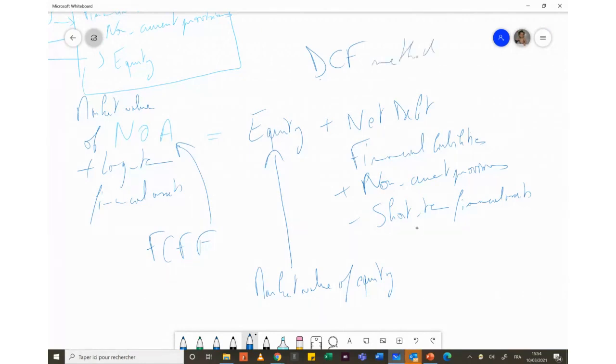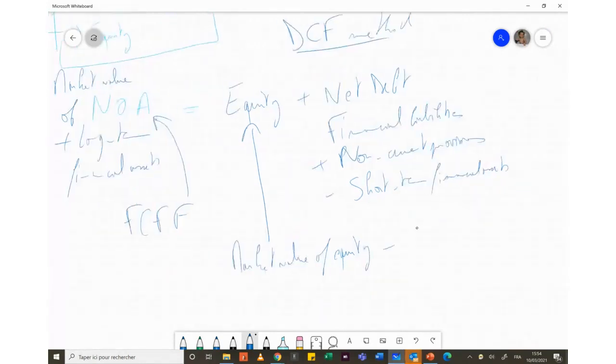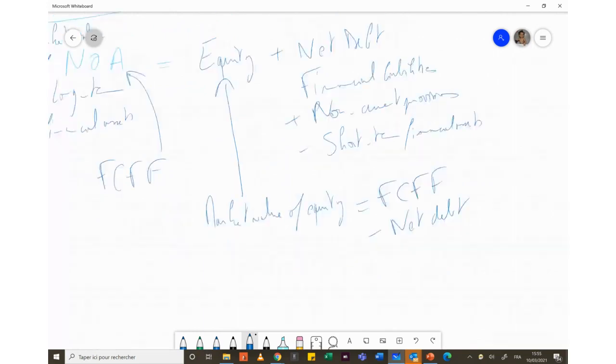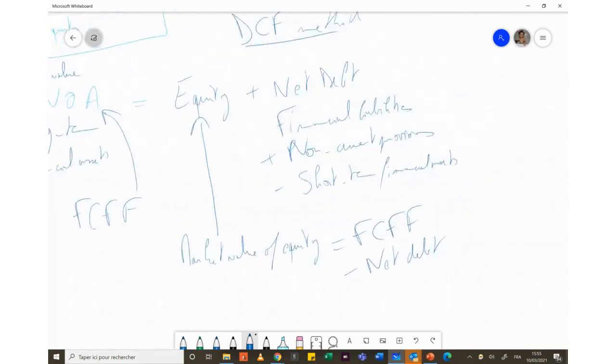By saying it is equal to the free cash flow to firm, so what we have from the left, minus the net debt, and plus some long-term financial assets if you consider it's not a part of the free cash flow to firm. So it's a way to calculate the market value of equity from the discounted cash flow methods.